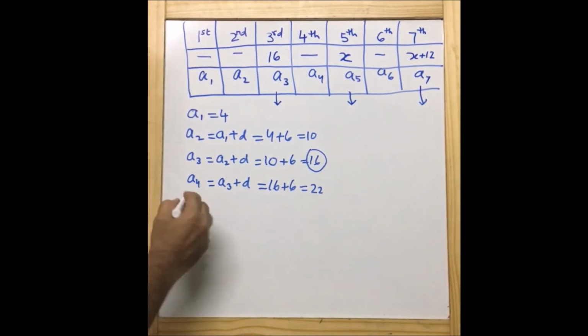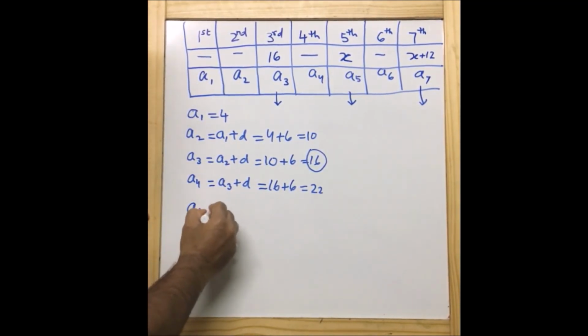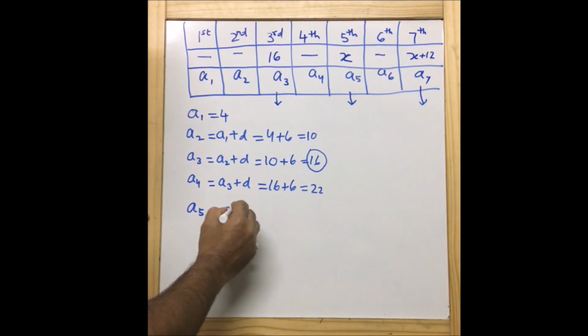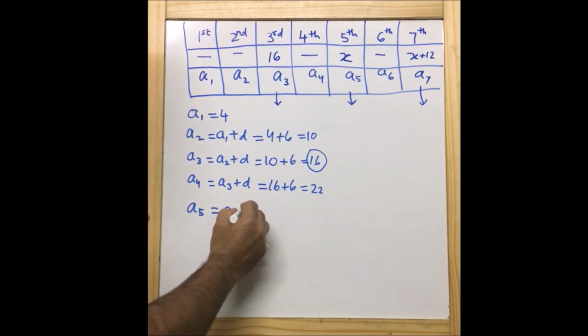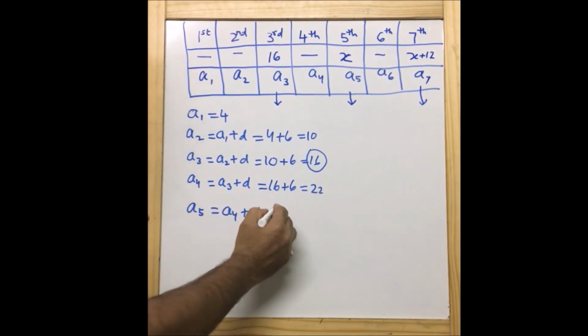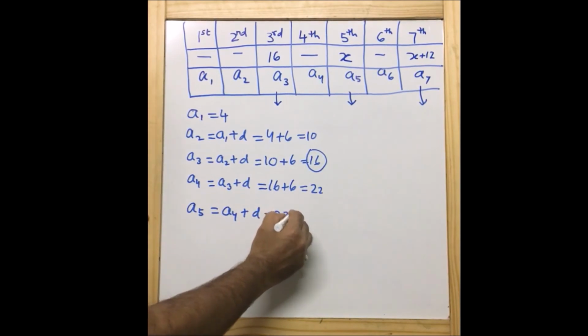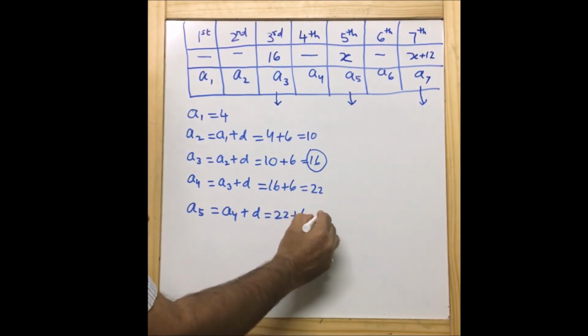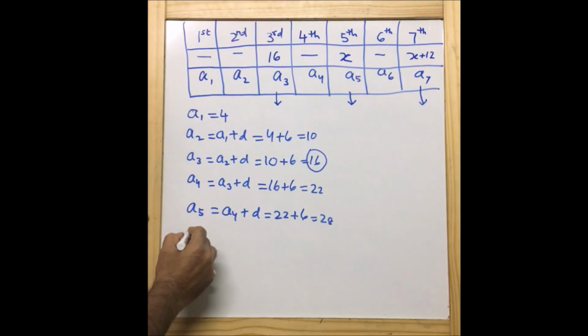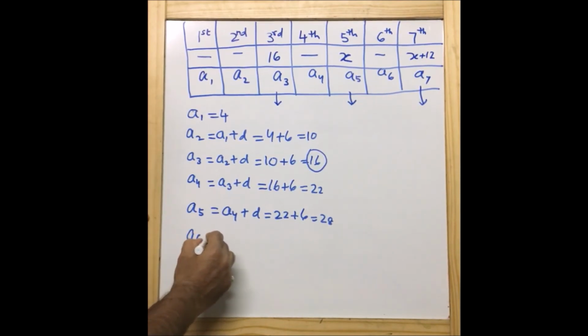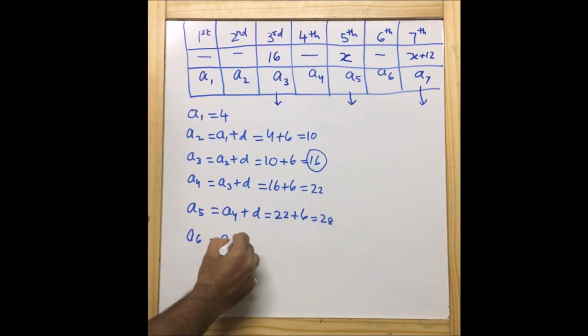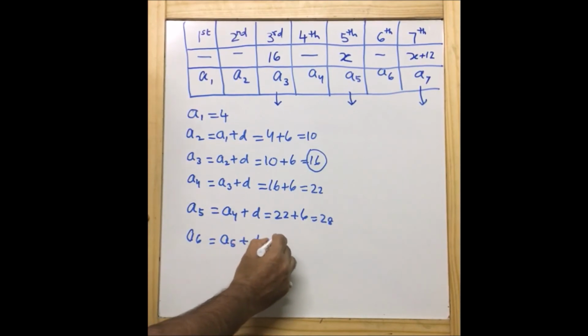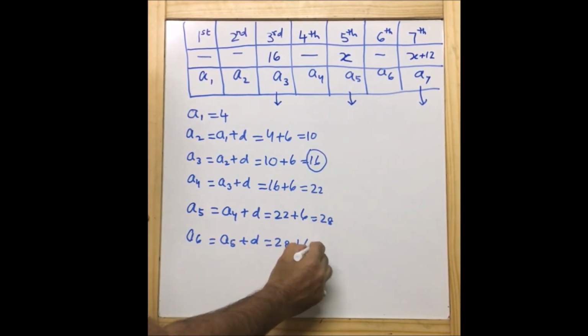Now let me calculate A5. It is A4 plus D, that is 22 plus 6, that is equal to 28. A6 is equal to A5 plus D, that is 28 plus 6, that is equal to 34.